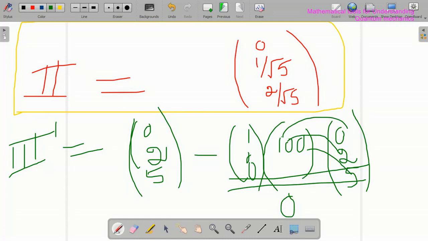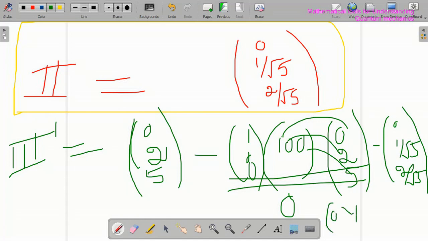Minus the second vector, 0, 1 over root 5, 2 over root 5, times its projection on 0, 2, 5.